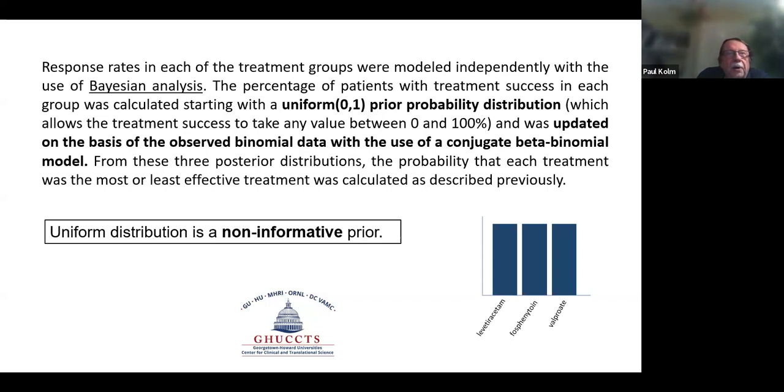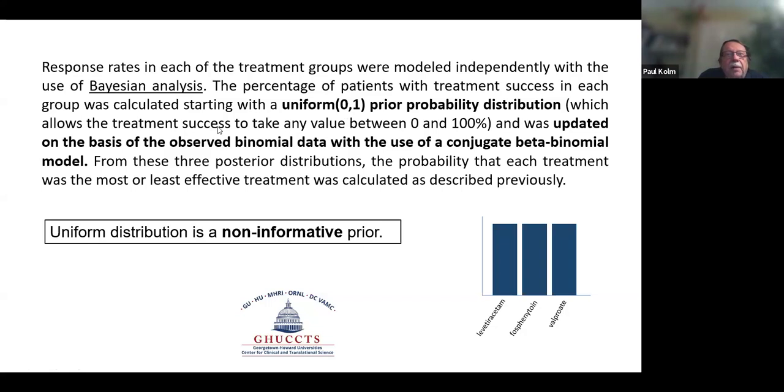So here is their Bayesian analysis, where they're going to start out with assuming that the distribution is uniform. In other words, uniform is, well, you can have different numbers here, but they're going to assume a uniform value of 0 to 1.